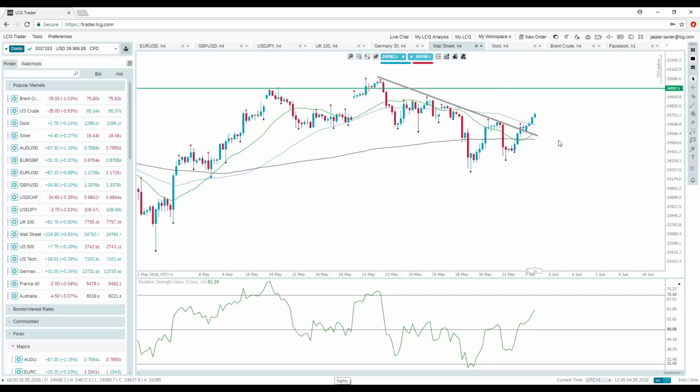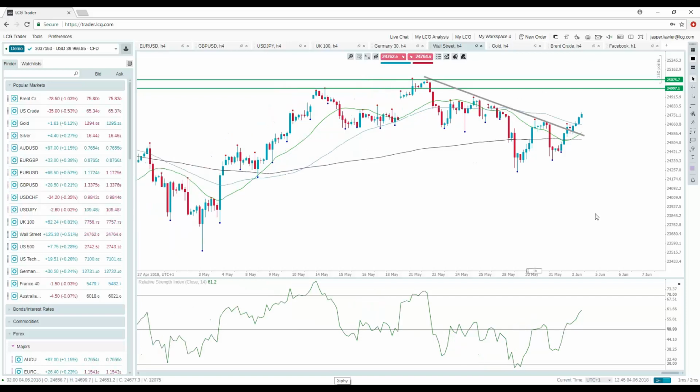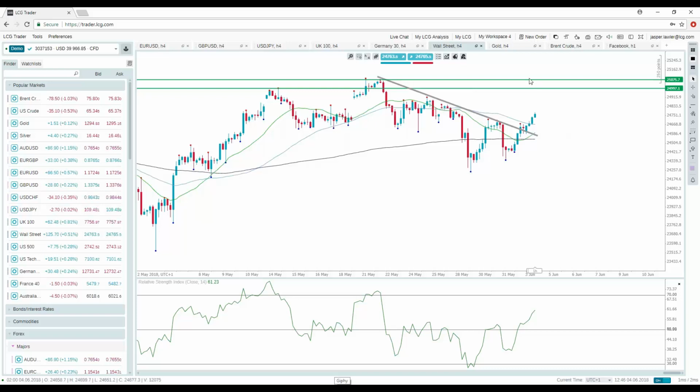More likely, once we get up into this kind of region, we see some other kind of sell-off again, rather than any great breakout opportunity. But obviously if the breakout does occur, then we're back into more of a trending environment, and you can follow the trend. But to me, it's just a choppy market at the moment.